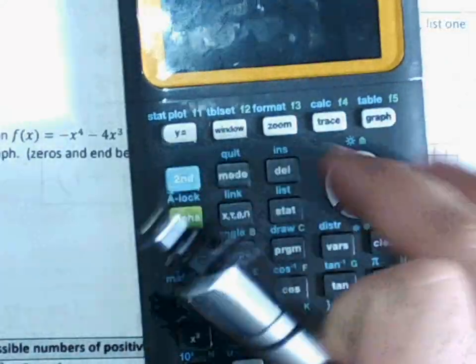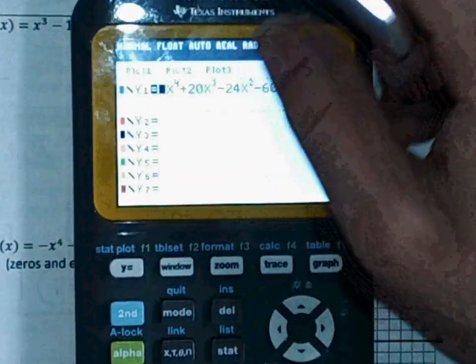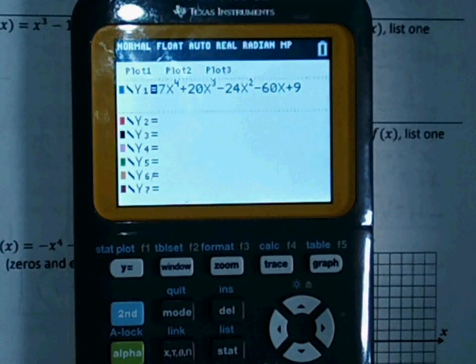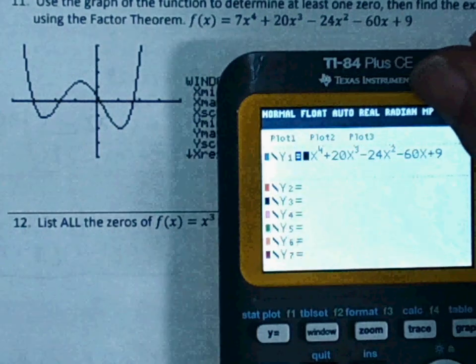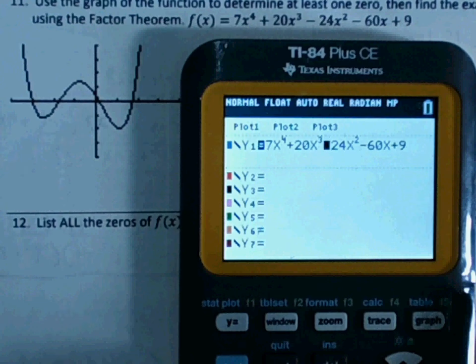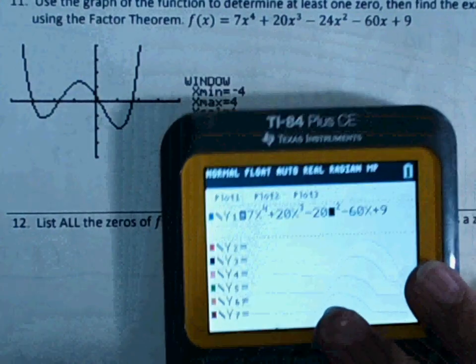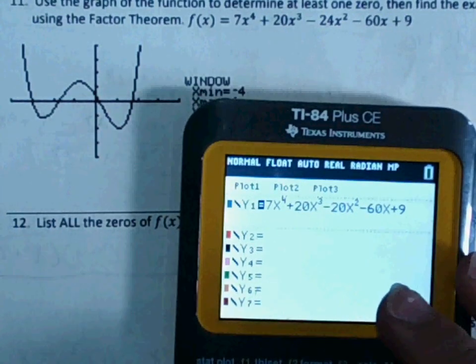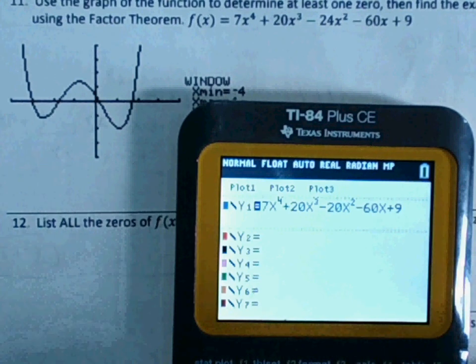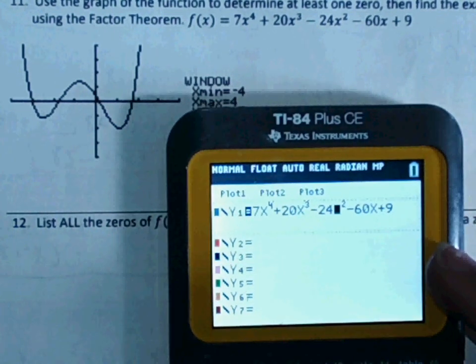So, for this function, I put in 7x to the 4th power plus 20x cubed minus 24x squared minus 60x plus 9.